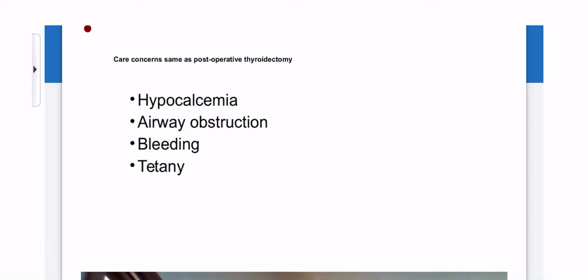We want to make sure they can swallow adequately and not aspirate. Is there bleeding? In other words, is it swelling a little bit too much and we have hemorrhage going on underneath the skin? And what's happening with the parathyroids? Have they been accidentally removed? Do we see signs and symptoms of tetany? That's that hyperexcitability of the muscles causing the circumoral numbness or tingling of the fingers.